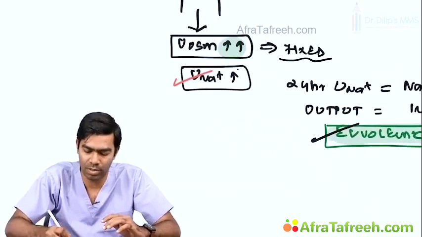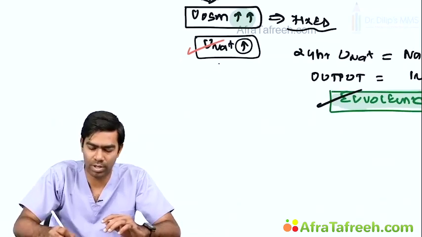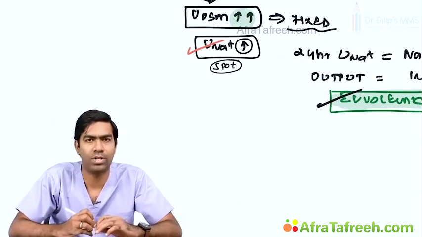But why does the urinary sodium appear to have increased? That is because these are spot values. If you take the SIADH criteria, they say spot urinary sodium of more than 40 millimoles per liter. So that's a spot value. Definitely it will be increased, because the urine is concentrated and in a less amount of urine you are having more solutes. That's why it appears as if it's increased.